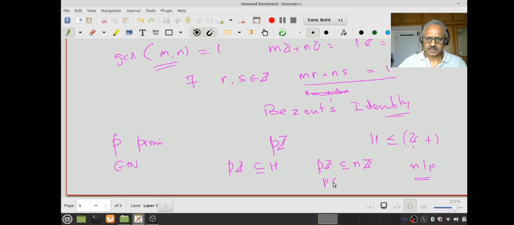Since p is a prime, what do I know about n? n must be either 1 or equal to p. Therefore, the moment you say pz is contained in H, then H is either Z or H is pz itself. This is just an observation.